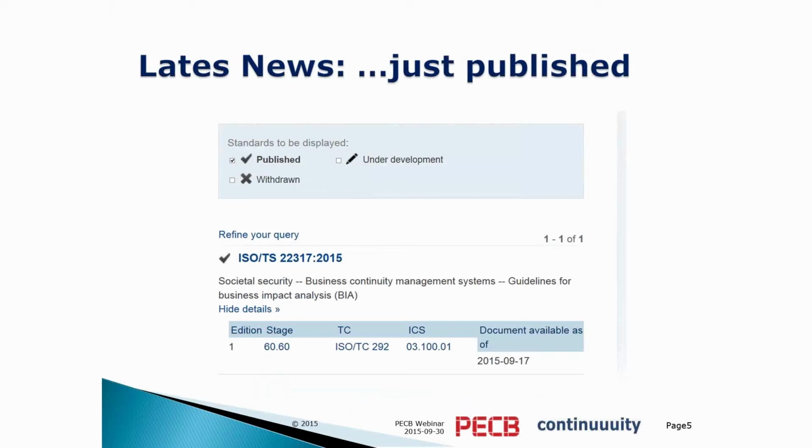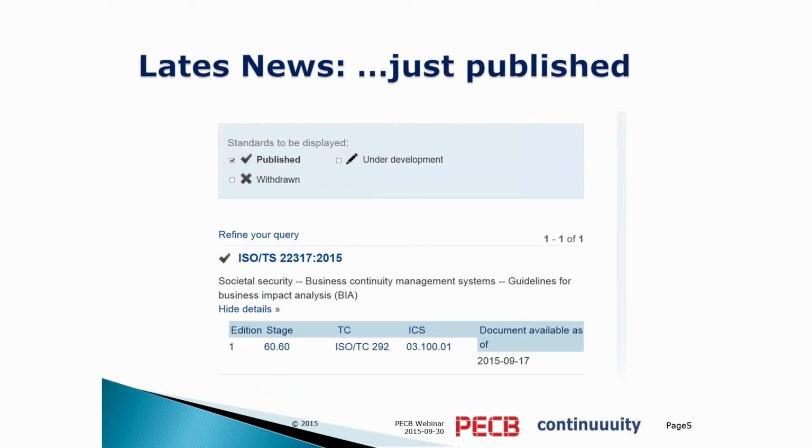We are in a lucky situation that we just talk about a just published standard. It was just last week or the week before last week that it was actually published by ISO. You see the stage 6060 on the bottom line means that it's published. It's not under development. It's not withdrawn.